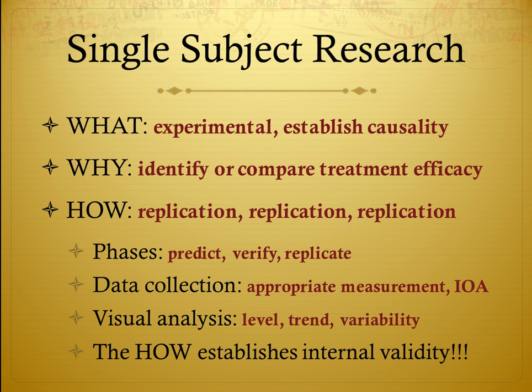So, in summary, single subject research. It is experimental and it establishes causality. We will explore exactly how that is done in class, because that's a fairly lengthy discussion. Why is it performed? To identify or compare treatment efficacy. As well, it's feasible, easy to perform.